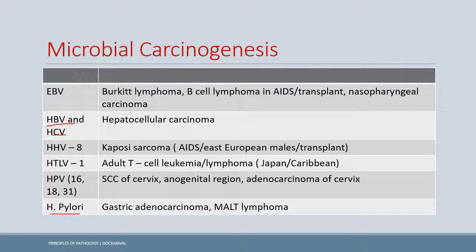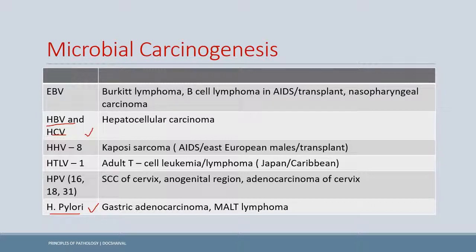That is, chronic inflammation is going to lead to progression to carcinoma. That's the case here in H. pylori and even in HBV and HCV. Yes, we know that there are different proposed mechanisms for them, but mainly the chronic inflammation causes more problems than the direct harm from the organisms themselves.